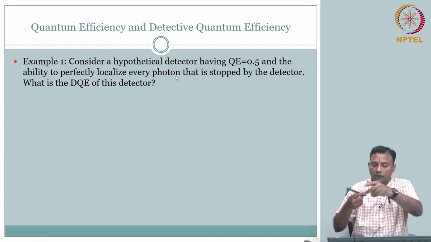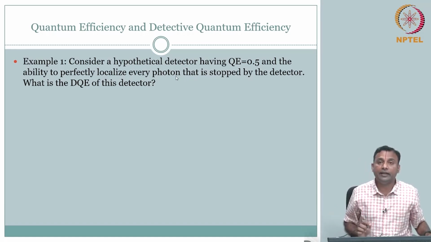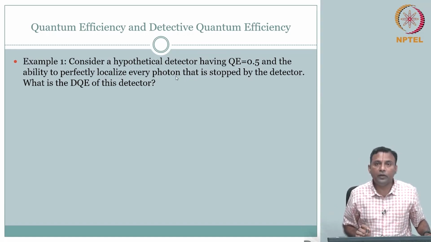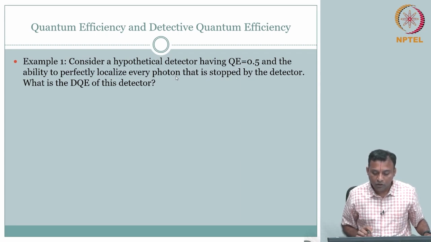Well, DQE is the intrinsic signal to noise ratio relative to the signal to noise ratio at the output, squared. So, what do we have here?